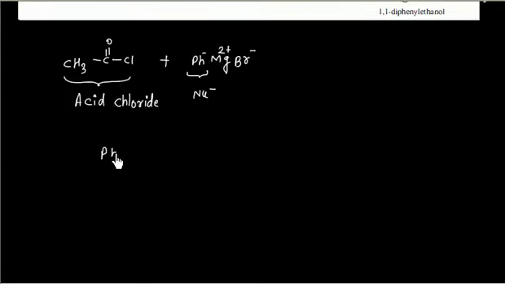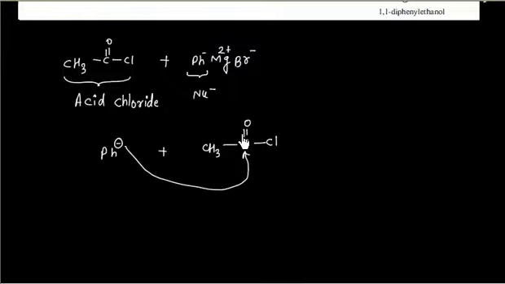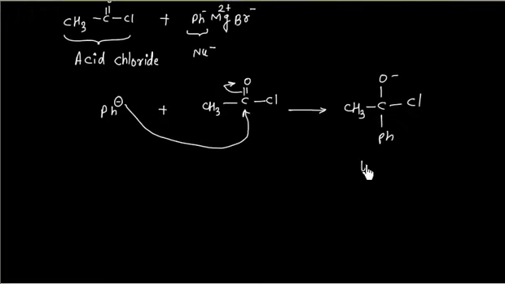We have Ph minus plus CH3 C double bond O Cl. So this will attack on this carbon, this will open up, so we will have CH3 C O minus, Ph, Cl. Now this is unstable because O minus can push out this Cl minus.